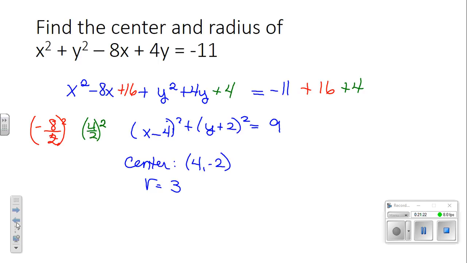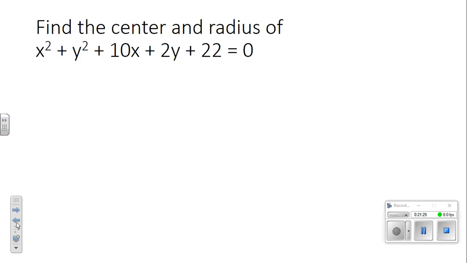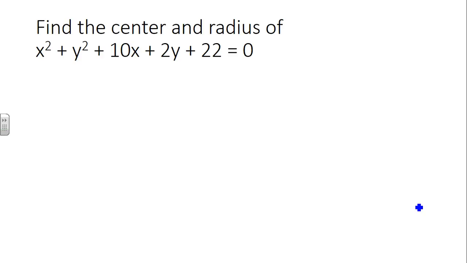Questions on this one? One more. Let's do the last example, make sure you got it down. Yeah, that was it for that one, because we had to find the center and the radius.